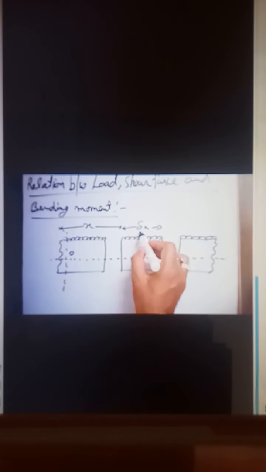So we have cut this small part delta x out of that beam. If the load is applied here, we can say W is the mean rate of loading of the length delta x.